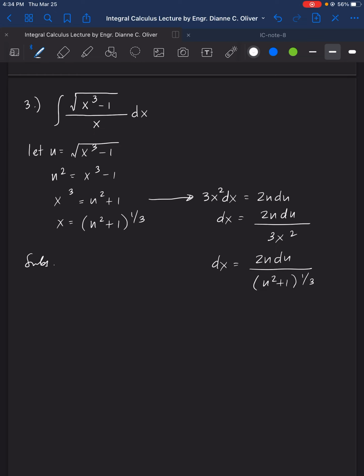Substitute all values. That is equal to the integral of u over x. The x here is u squared plus 1 raised to 1/3. Then the dx is 2u du all over u squared plus 1 raised to 1/3.